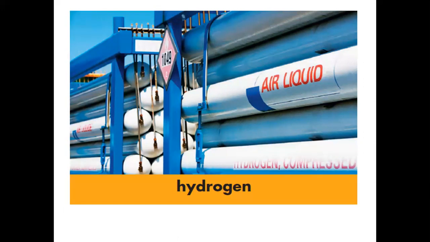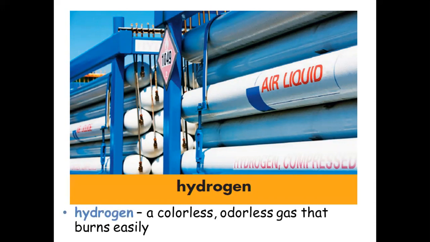So among the gases, the three of them, you have hydrogen, carbon dioxide, and oxygen. But what is hydrogen all about? It is a colorless, odorless gas that burns easily. Colorless meaning it has no color. Odorless means it has no smell. And it burns easily. This is hydrogen.